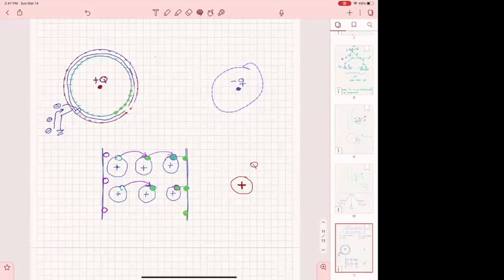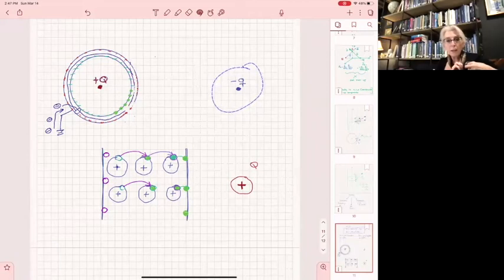So when you had the charges on the outside, was the plus Q only on that specific arc length that you circled? Well, they will be mostly there. They will have a distribution, all right?